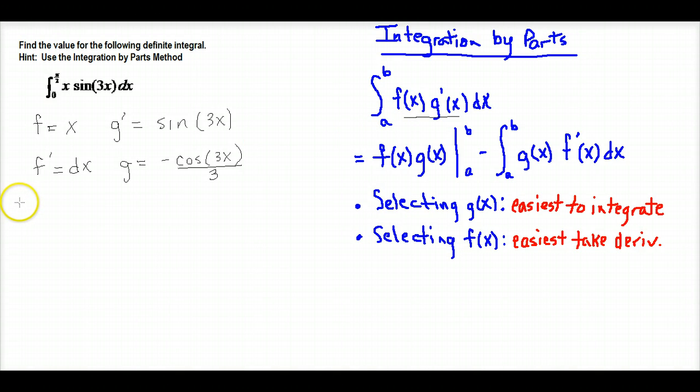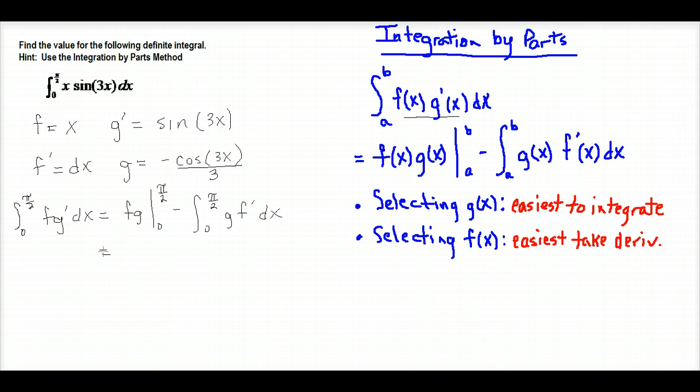So from here, we are going to say the integral from 0 to pi over 2 of f g prime dx is going to be equal to f times g, all that evaluated from 0 to pi over 2, minus the integral from 0 to pi over 2 of g f prime dx.